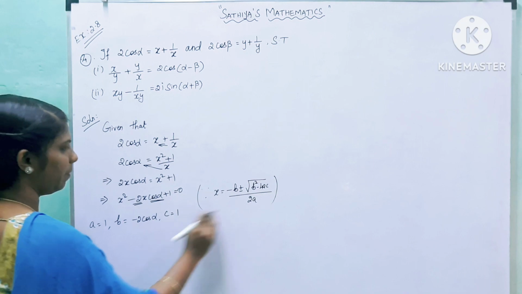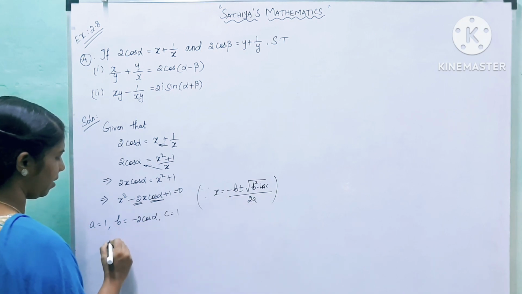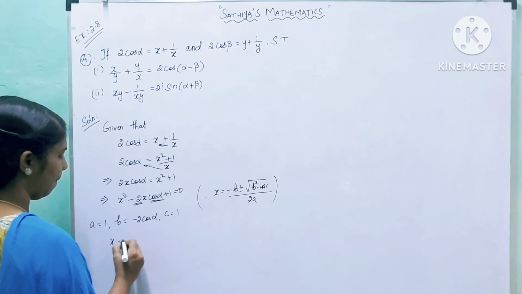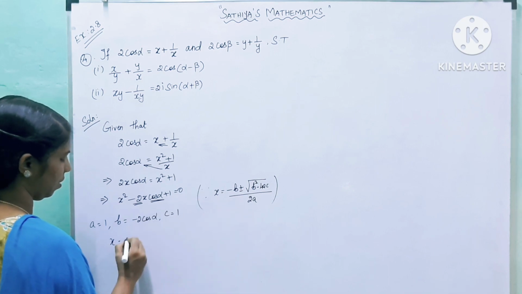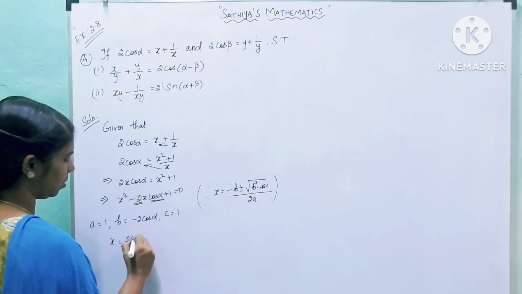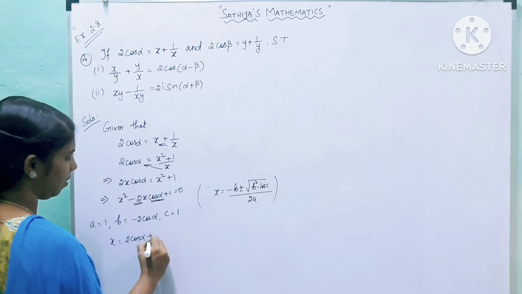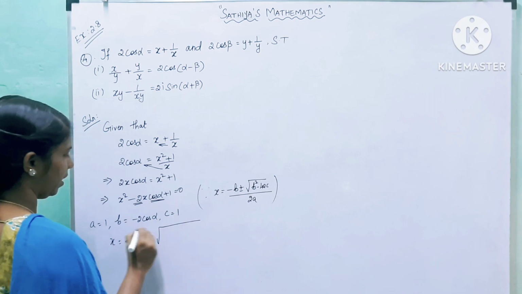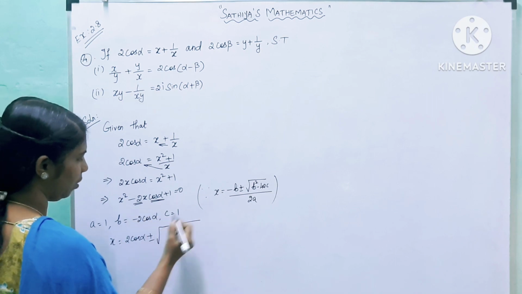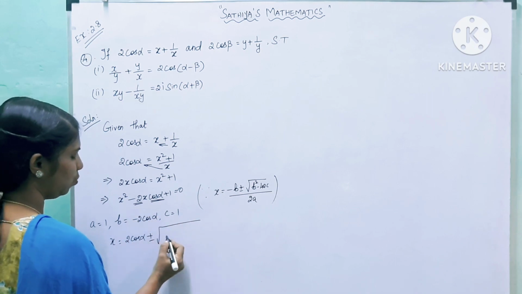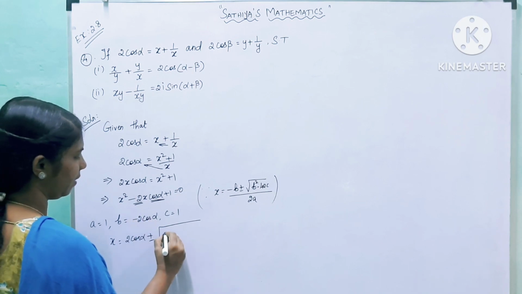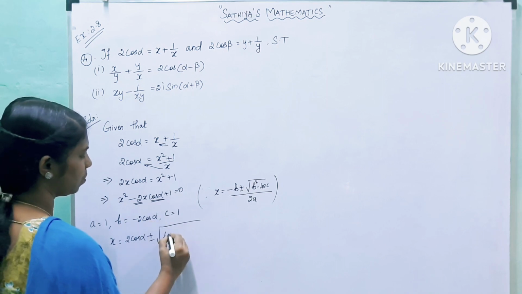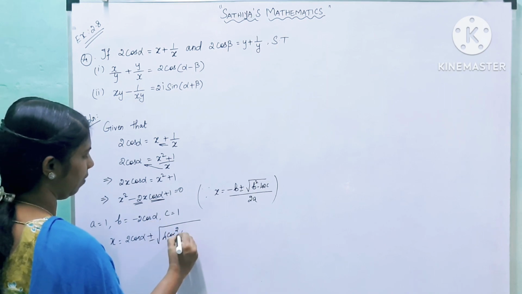Now if we substitute these three terms in this formula, x is given by minus b, that is minus of minus 2 cos alpha. So minus of minus 2 cos alpha is plus 2 cos alpha plus or minus root of b square, which is minus 2 cos alpha the whole square. Minus 2 square we get 4, cos alpha square we get cos square alpha.